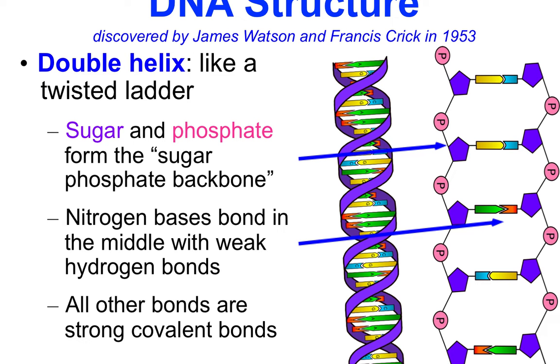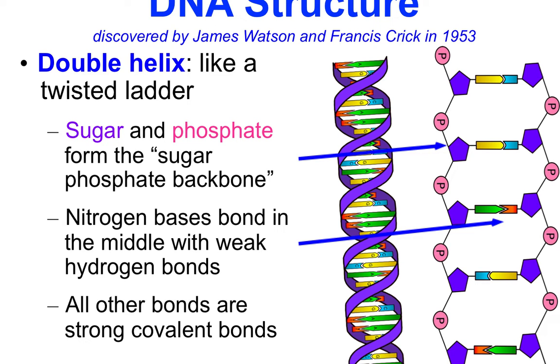DNA is a double helical structure. It was discovered by Watson and Crick in the early 50s. 1953 is when they're credited with designing the structure of DNA.